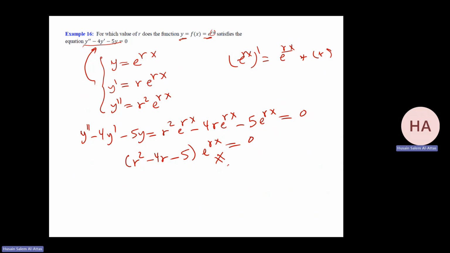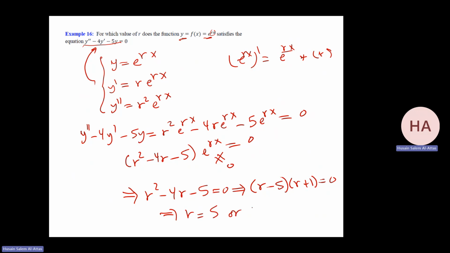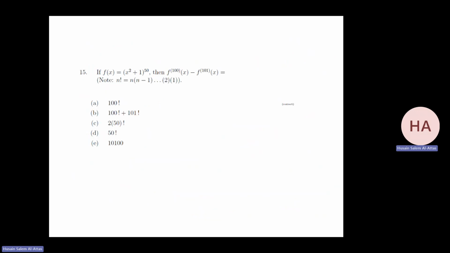I know that the exponential function is never 0. e to the power of a value is never 0. So that means r squared minus 4r minus 5 equals 0. So I have r minus 5, r plus 1 equals 0. Okay, correct. So r equals 5 or r equals minus 1. That will be the answer.